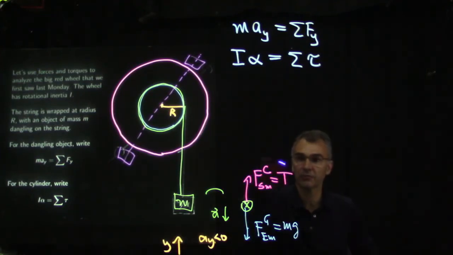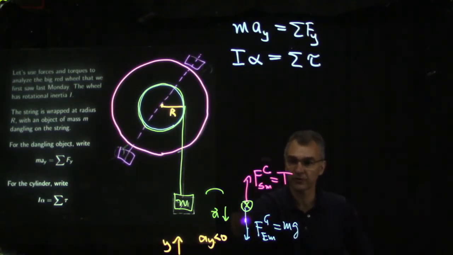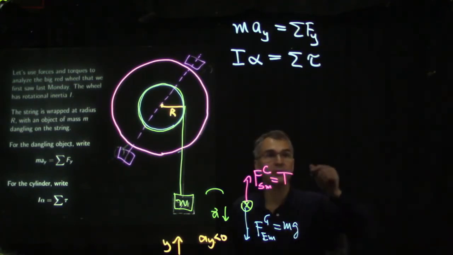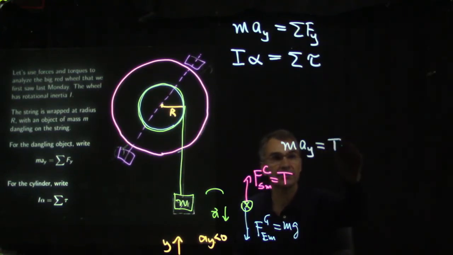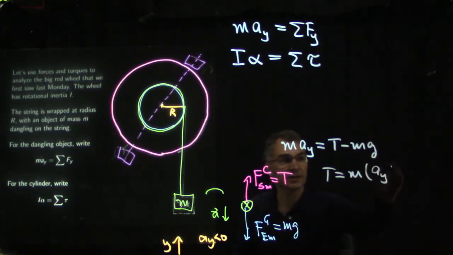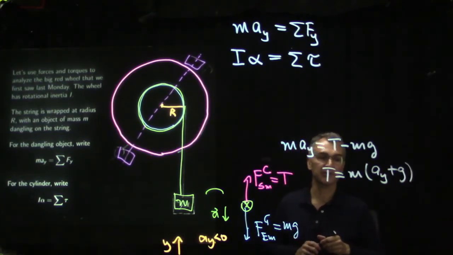So we have an upward force, which is just the tension in the string, and we have a downward force, which is Earth's gravity, and it's also accelerating downward. So Newton's second law would give us m a sub y is up minus down. That's tension minus mg, which gives us tension equals m times (a sub y plus g), but a sub y is negative, so this is going to be smaller than mg.